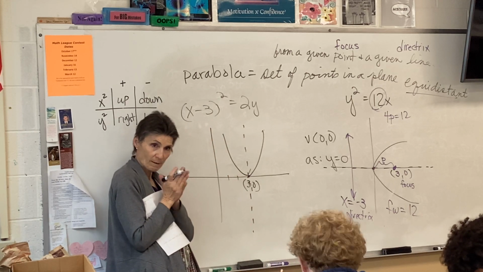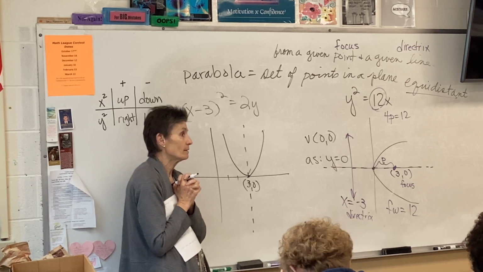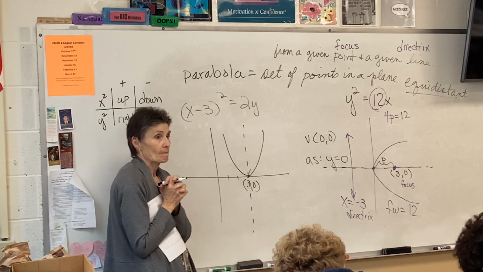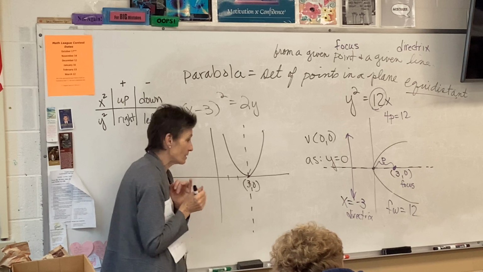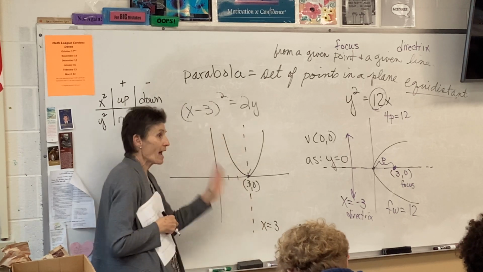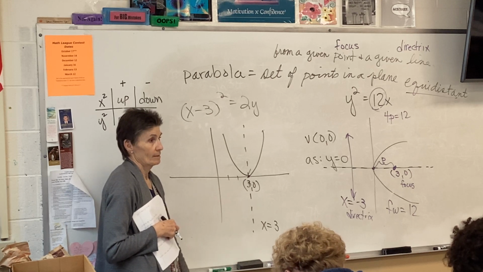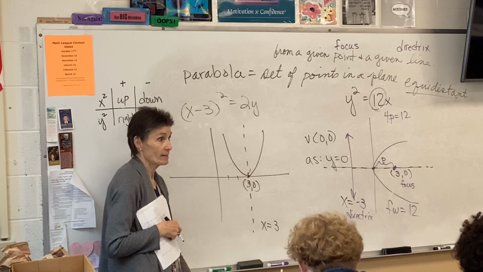If you fold your paper, fold your parabola. What is the equation of that line? X equals 3. You guys, if you're struggling with that, which axis does it cross? Where does it cross? 3. The equation is x equals 3.